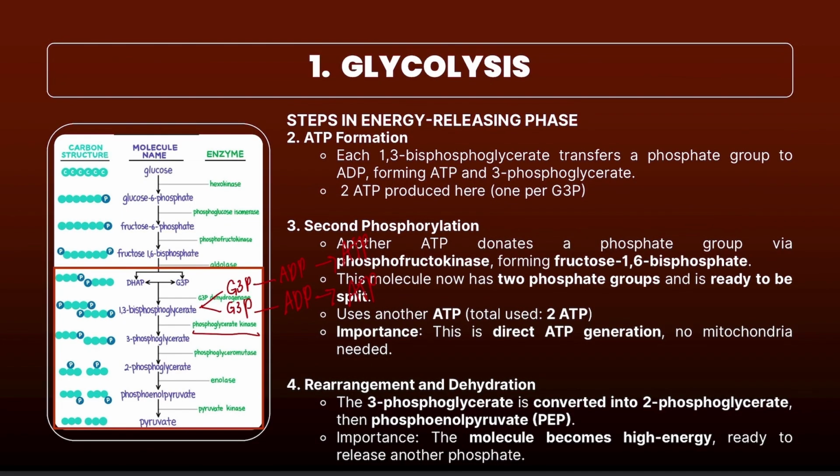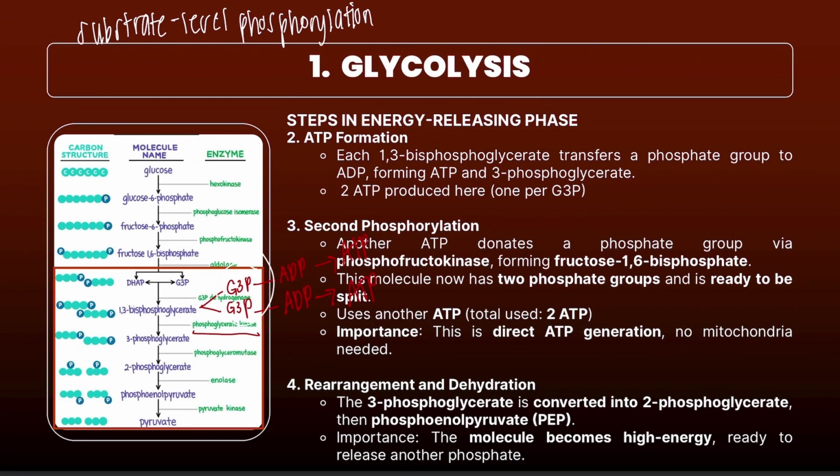This process of making ATP by directly transferring a phosphate is called substrate level phosphorylation, which means making ATP from a molecule directly.